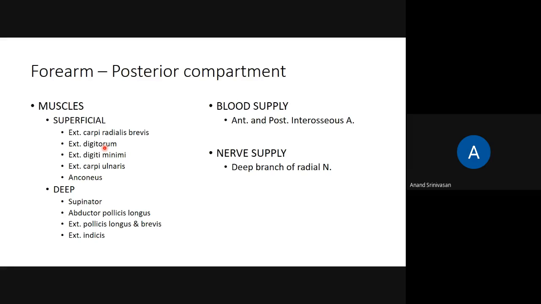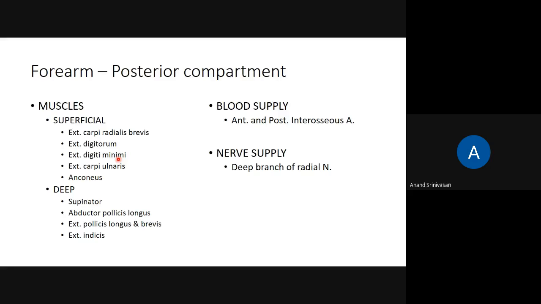For flexor there are two muscles, flexor digitorum superficialis and profundus, but for extensor there is only one, extensor digitorum. However, the index finger and the little finger receive an extra tendon. They receive an extra muscle, called extensor indicis and extensor digiti minimi.